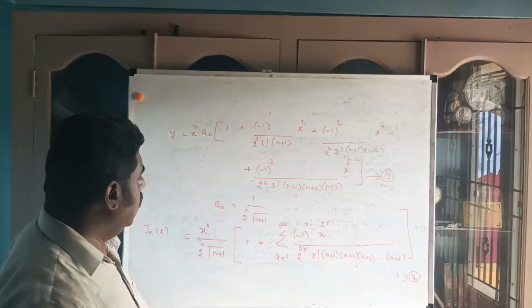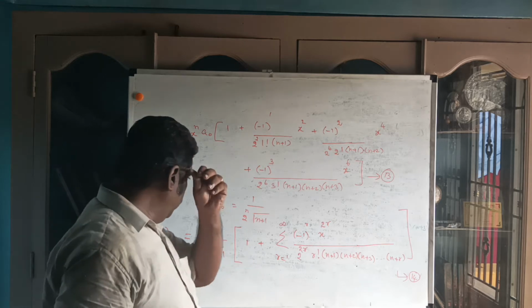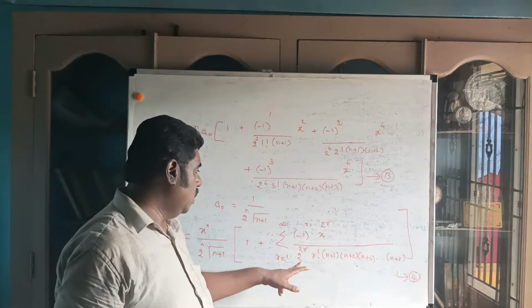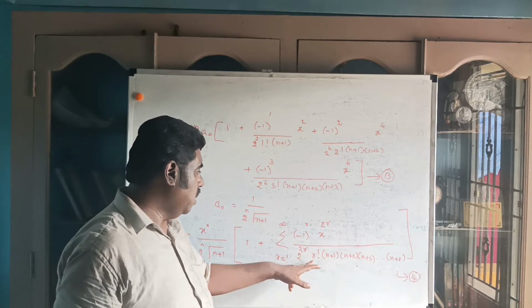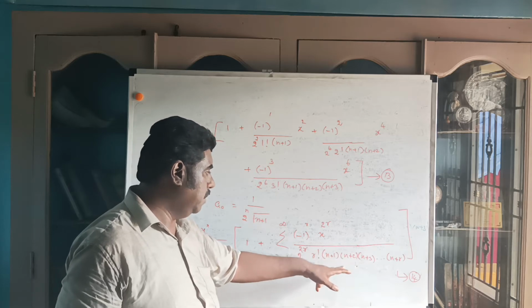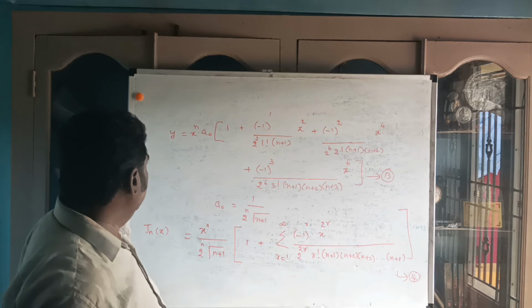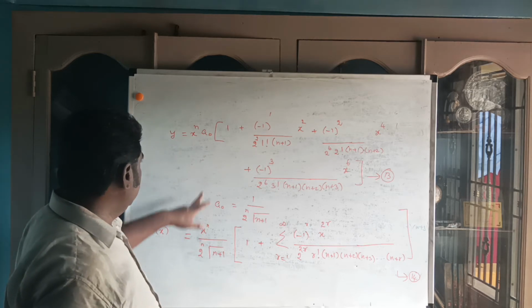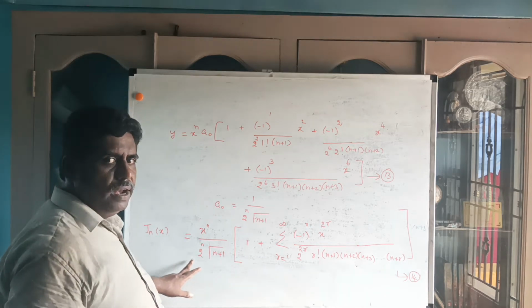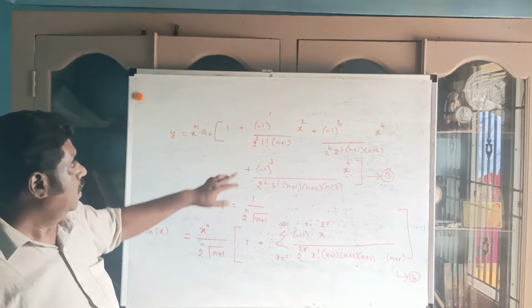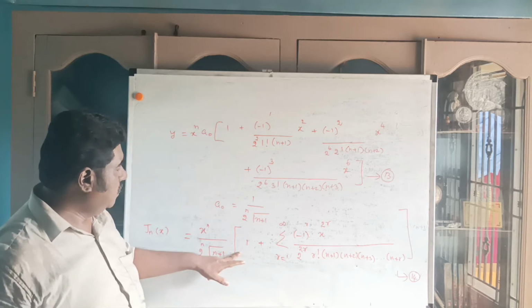The summation r equal to 1 to infinity minus 1 power r x power 2r divided by 2 power 2r r factorial into n plus 1 into n plus 2 into n plus 3 dot n plus r. Say x power n is present as such. The value of a0 is 2 power n gamma of n plus 1. The 1 is present as such.